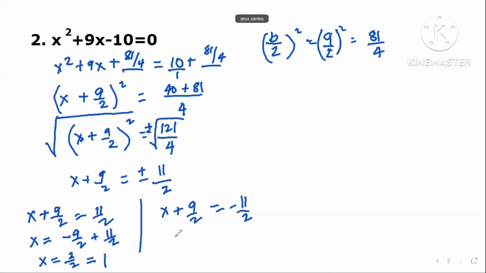Now, the other solution is x is equal to, lipat ang 9 over 2 ulit. That's negative 9 over 2 minus 11 over 2 this time, no? Now, negative 9 minus 11 is negative 20 over 2 or negative 10. So what are the solutions? The solutions are 1 and negative 10.